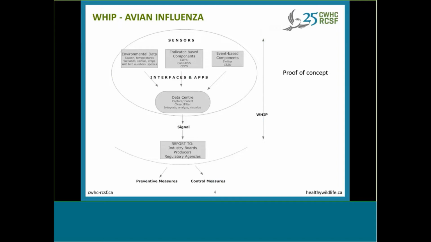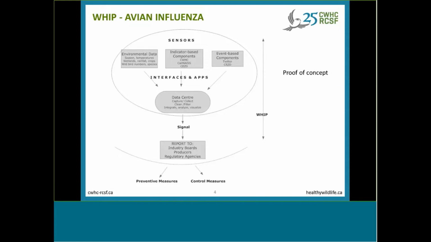The middle one, the indicator-based components, are the traditional surveillance that's carried out. For CWHC, it's their wild bird surveillance, and CNACE is the CFIA's commercial bird surveillance for avian influenza, as well as international surveillance, and that information was gathered and sourced from CZ.